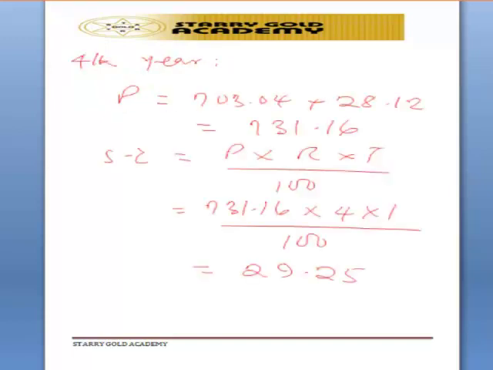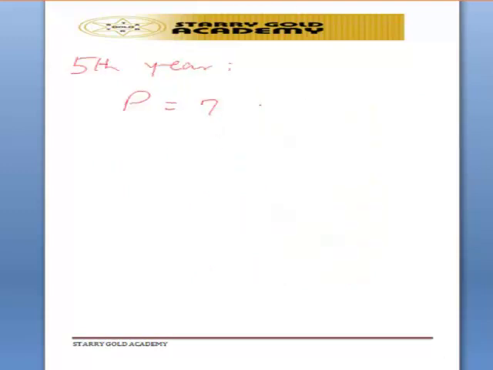Don't forget, total number of years given is 5. My fifth year, principal will now give me what? What did I get there? Principal will now give me 731.16 plus 29.25.